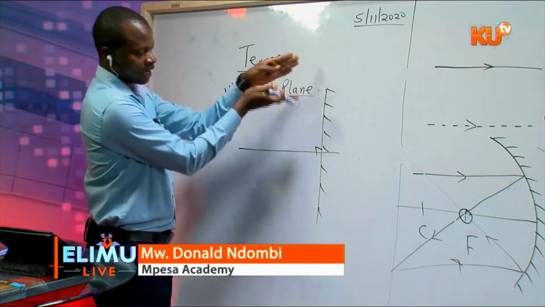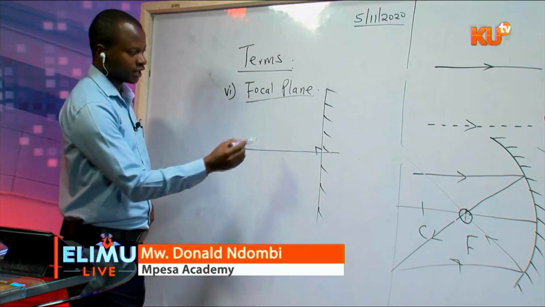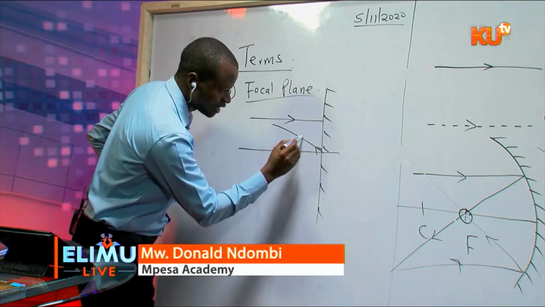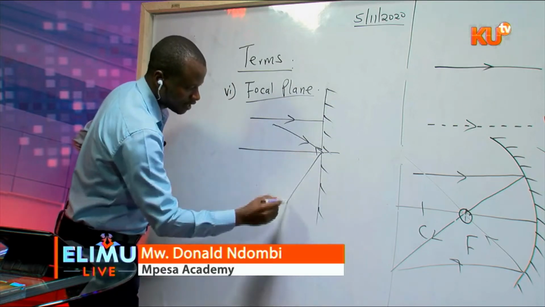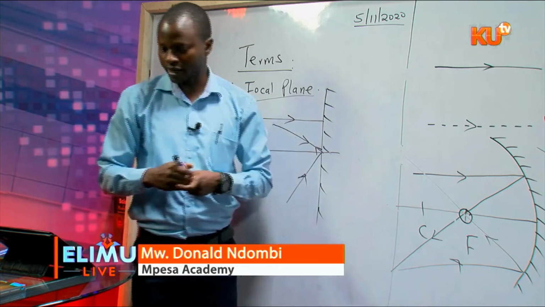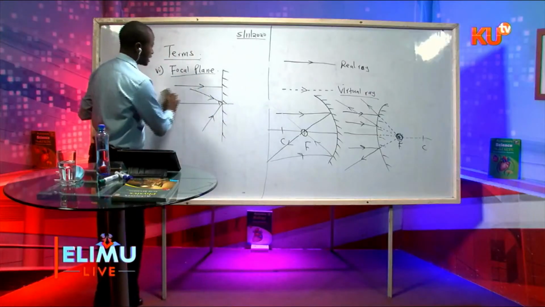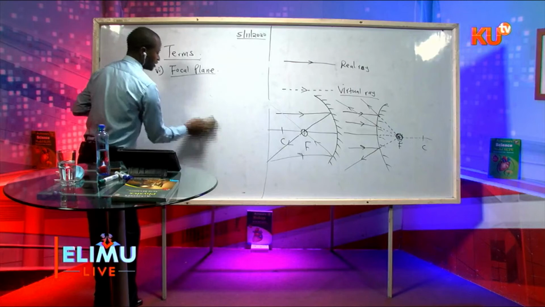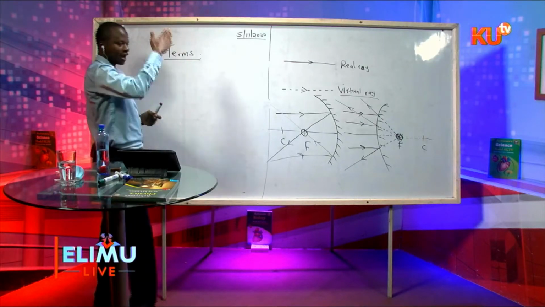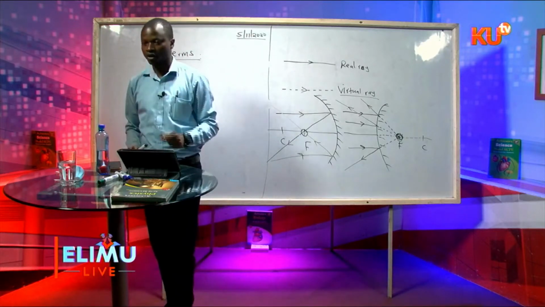All rays will be approaching the focal plane, obeying the laws of reflection. A ray can come from here to this point, it can strike the surface like that, it can strike the surface like this. All these rays approach the focal plane. So the focal plane is just a plane perpendicular to the principal axis, as simple as that. In the simplest way, you just draw a line which is perpendicular to the principal axis, and that's what we are calling a focal plane.